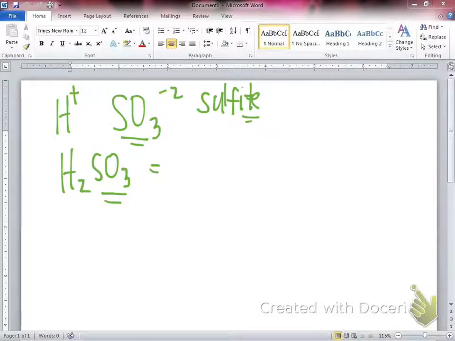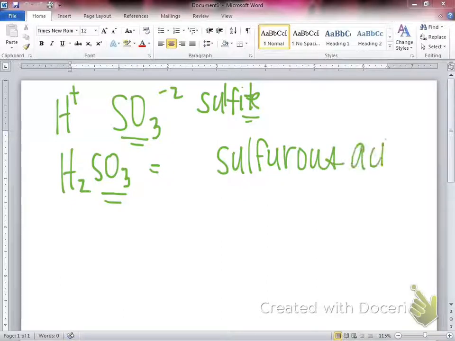And that means we need to look on our acid naming sheet, and we see that ite anions end in ous acids. So this is called sulfurous acid. Sulfurous acid. So for hydrogen and sulfide or sulfate or sulfur, we have lots of different combinations we can have, all with different names.